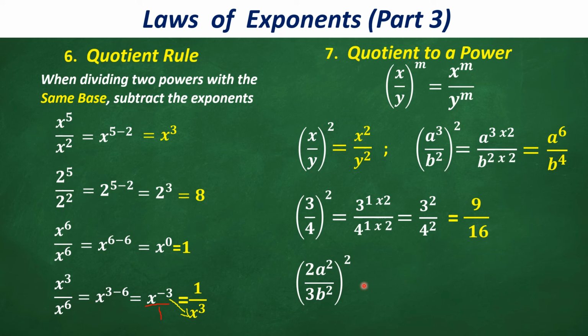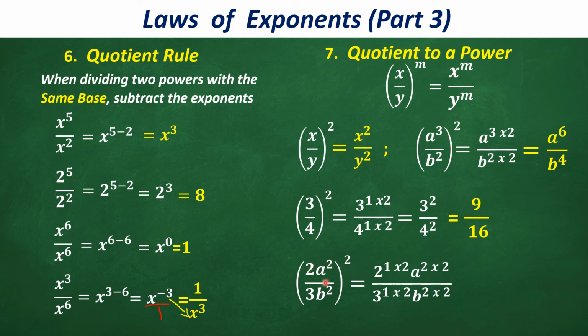Then, for our last example, we have quantity 2a squared divided by 3b squared, quantity raised to the 2nd power. Again, 2, ang exponent nito is a positive 1, invisible exponent lang. Copy the base 2, imumultiply natin yung exponent nito na positive 1 dito kay 2.